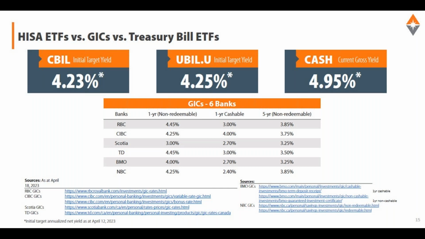And as we mentioned earlier, the cash ETFs like HISA ETFs are based on the rate being offered by the banks. We are already seeing, at least on the GIC side, that they're starting to bring down the rates on the longer dated GICs because of this yield curve inversion, which suggests, again, that there can be a difference between the policy rates offered by T-bills and what is offered by the banks.